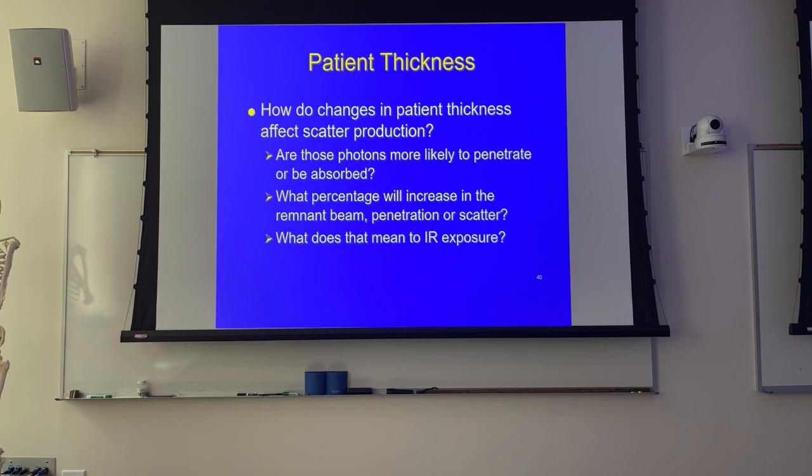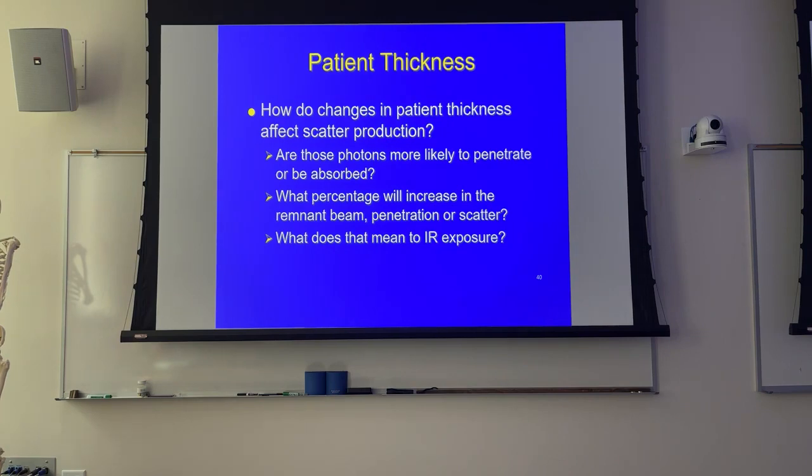Right. So now with the thicker patients, are those photons more likely to penetrate through the patient? The answer is, depends, really. Where's it penetrating? Is it penetrating to the image receptor? The chances are probably not more likely to penetrate. Are you going to create more scatter that bounces around the room?